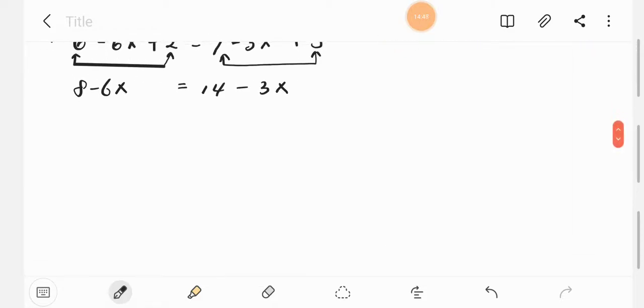All right, then what? Now the x terms are separated and the constant terms are separated, so why don't we put the variable terms on one side? Let's move minus 3x to the left. Let me write the equation again.